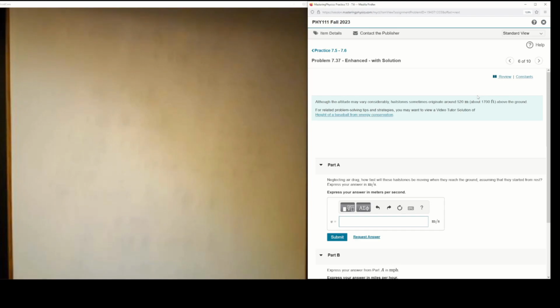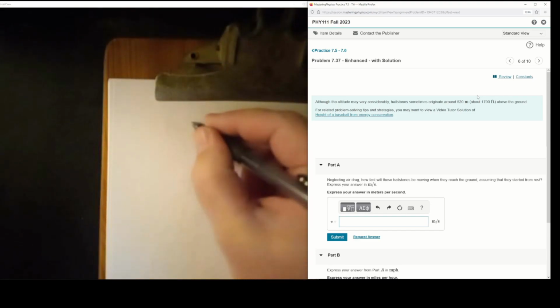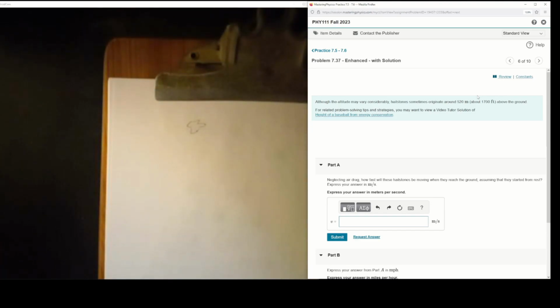So what do we got here? We got hailstones originate 520 meters above the ground and neglect resistance as we always do. How fast is it going when it hits the ground? So it doesn't quite say, but we're assuming that our hailstone just forms from rest.